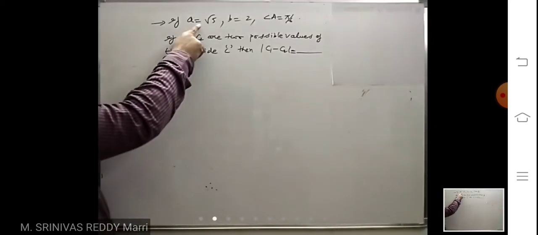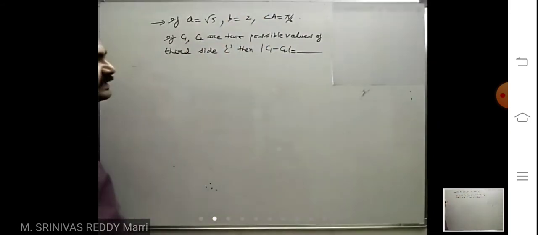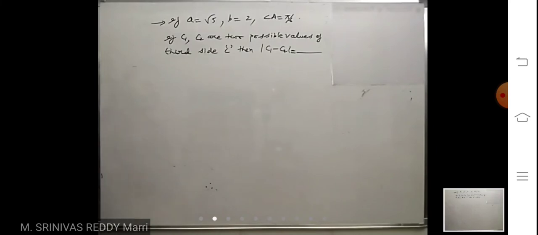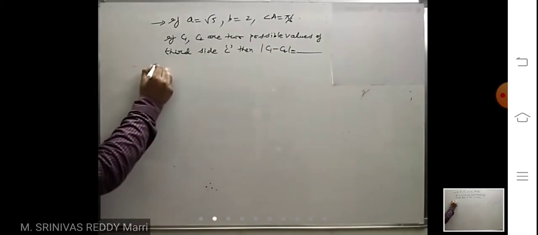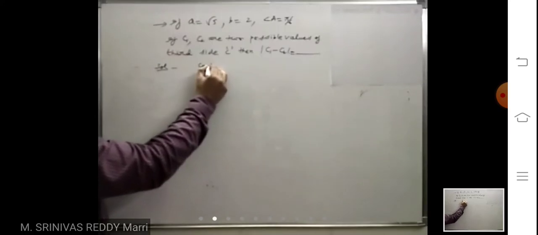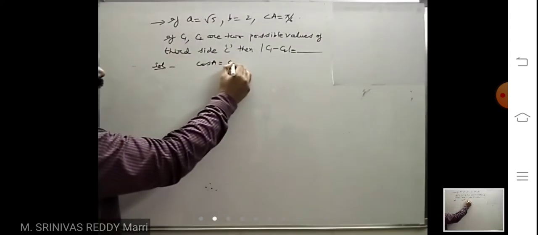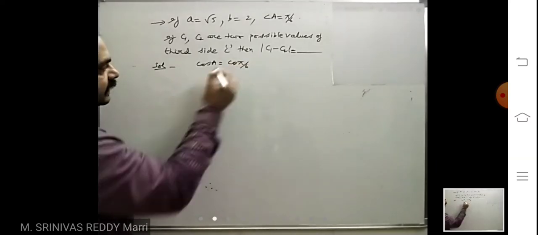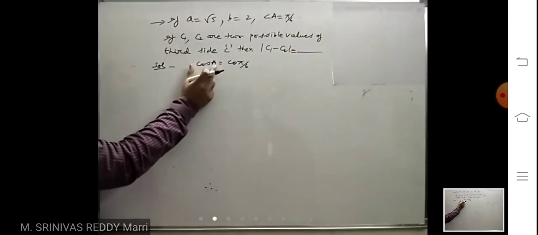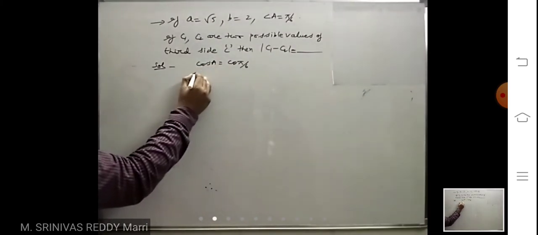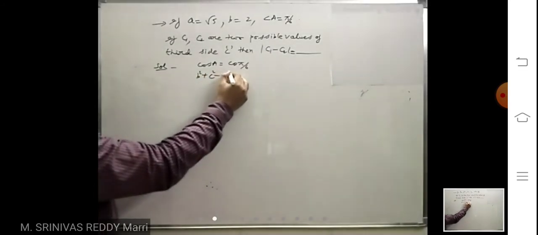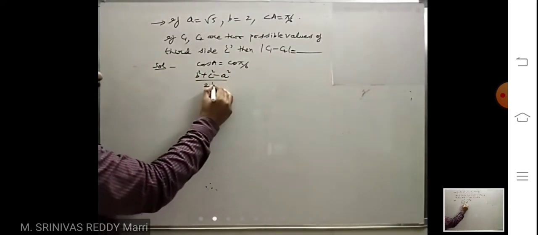Look at here, a is given, b is given, angle A is given. He is telling C1 and C2 are two possible values of third side c. Now look at how to calculate those. Cos A is nothing but cos 30 degree. Use the rule: b square plus c square minus a square divided by 2bc.